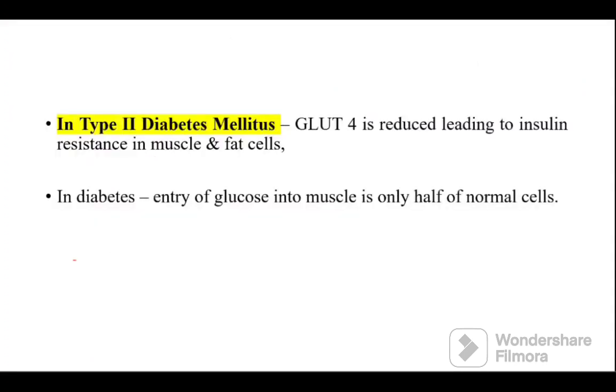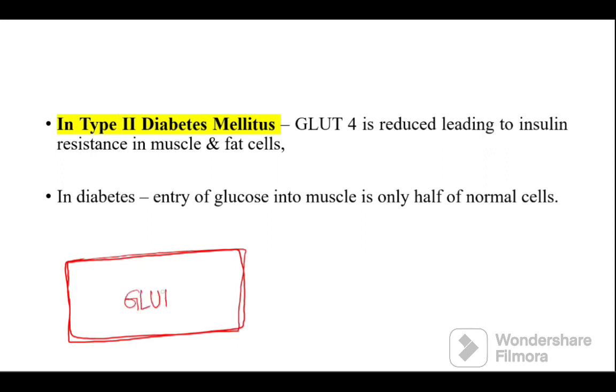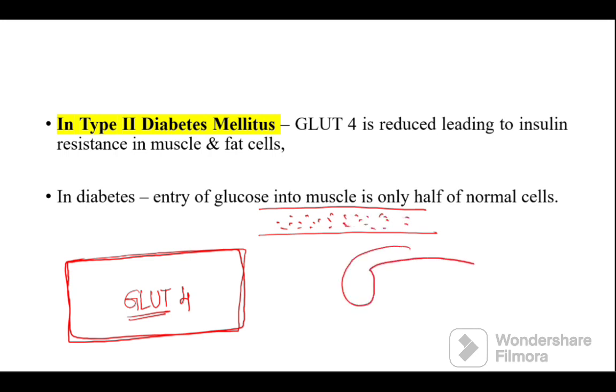Once again, repeat. If we assume this as the skeletal muscle or the cardiac muscle cell or the adipose tissue cell, this GLUT4 is present on the interior side of the cell. Now in the circulation, when there is glucose present in the blood, this will be sensed by the pancreas, especially the GLUT2. Now this pancreas will release insulin.